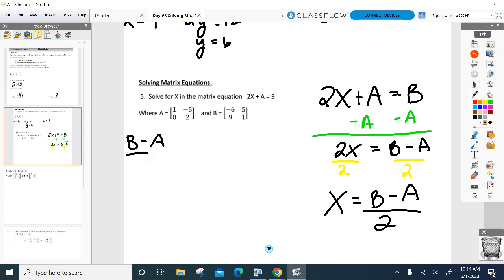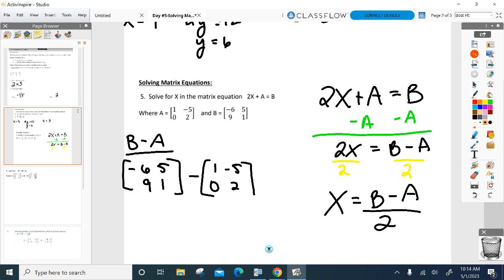And you can write this however you want. So -6, 5, 9, and 1, matrix B, minus matrix A, 1, 0, negative 5 and 2. Go ahead, find the result. Okay, find your result matrix.